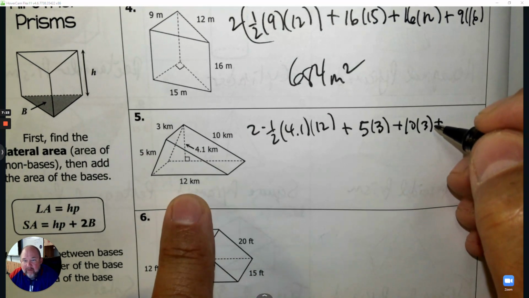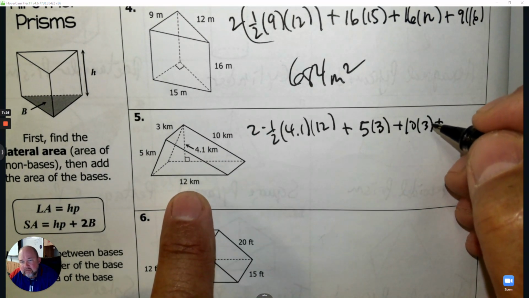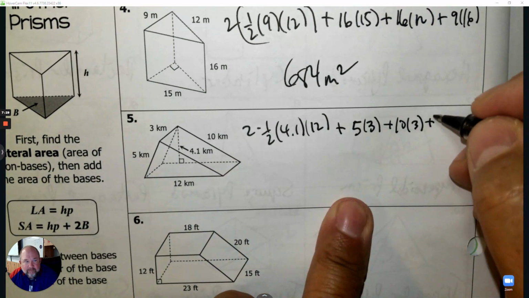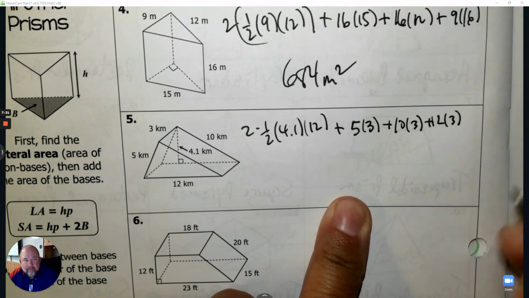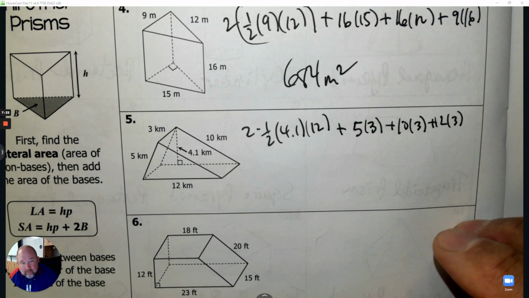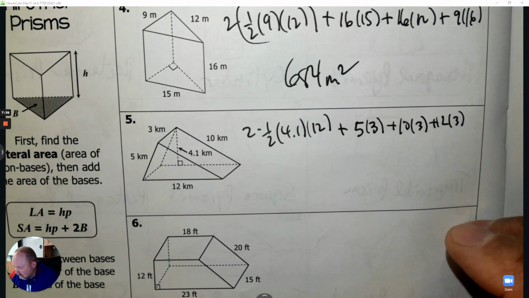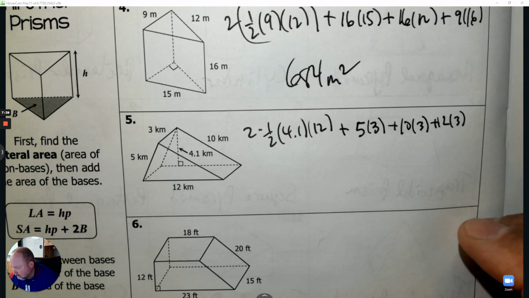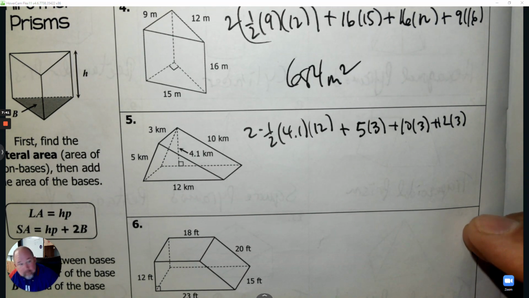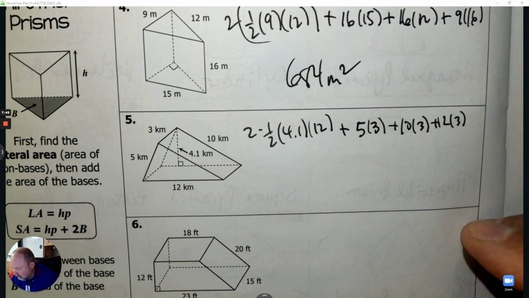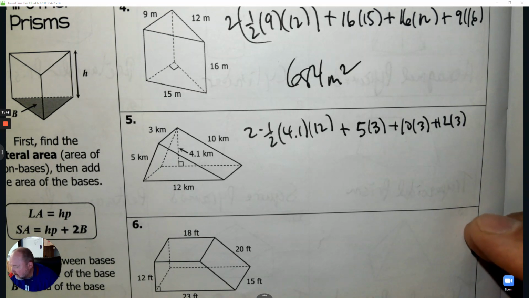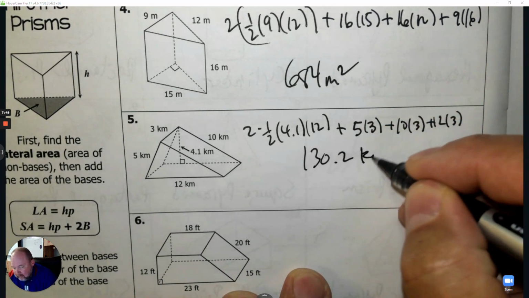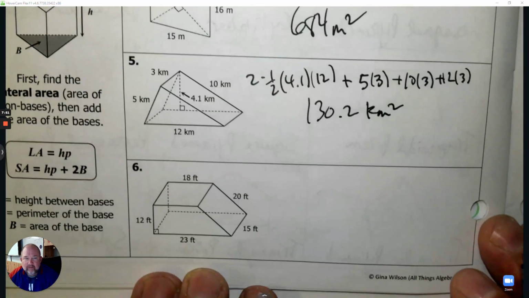And another rectangle is 12 by 3. And then multiply that out. And I get 130.2, and that would be kilometers squared for the surface area.